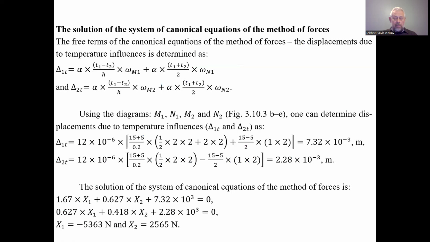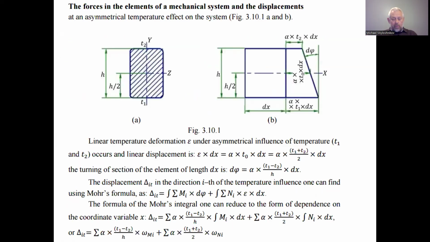Okay, and next we go to finding the free terms, and free terms are the displacement and the action of the temperature on the sides of the mechanical system. So we use the previously obtained formula, the last formula. We have to consider the areas of the bending moment diagrams and the area of the diagram of longitudinal forces in each direction, first or maybe second.